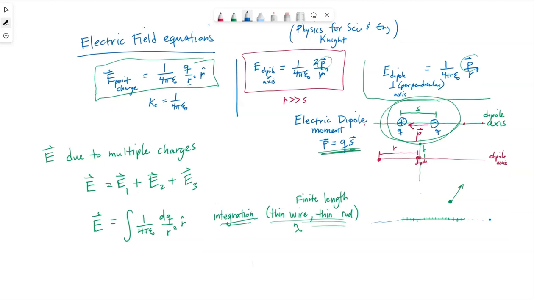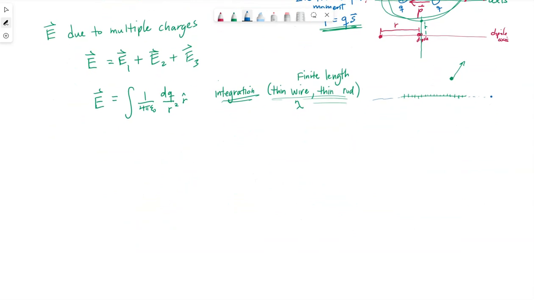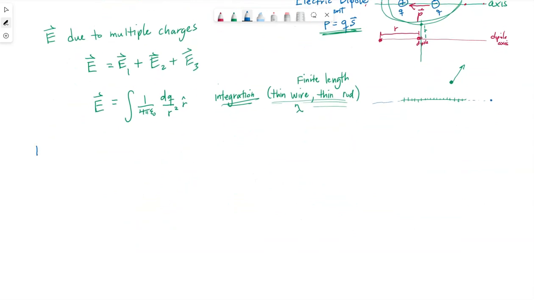Now, the author has done a couple of these situations for us, not this specifically, but when you see E of the rod, this is a very specific situation. It's not for every rod. I'm just writing the equation first.